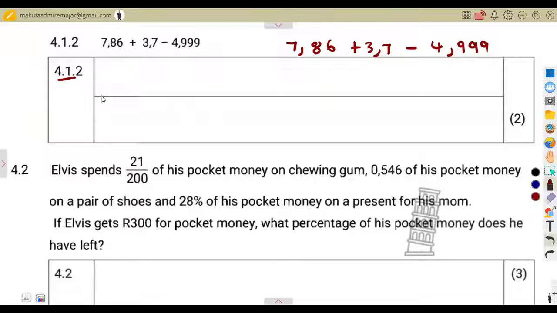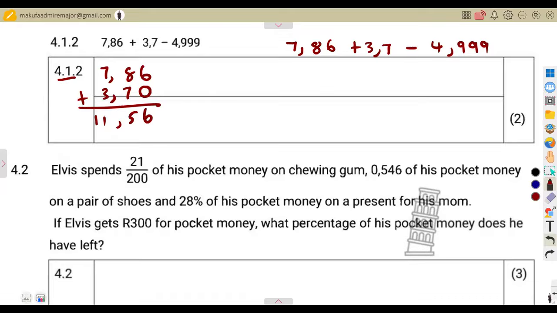So remember your grade 7 concept, you were using those decimals, 7,86 plus 3,7. You put a 0, then you add the number 6 in common. You add here. That is going to be 15, comma, you put a 1, that is going to be a 10, 11. Then after that, you subtract.